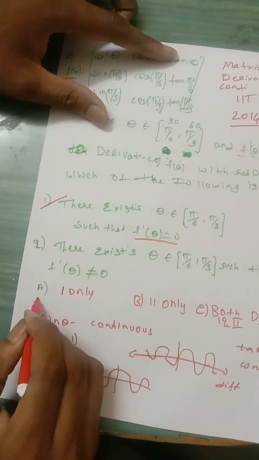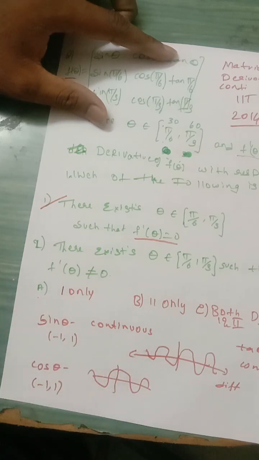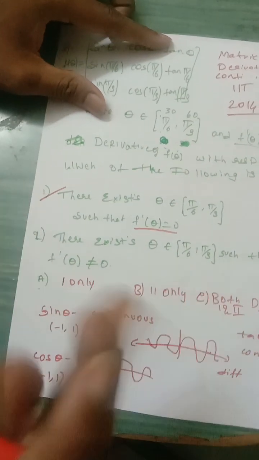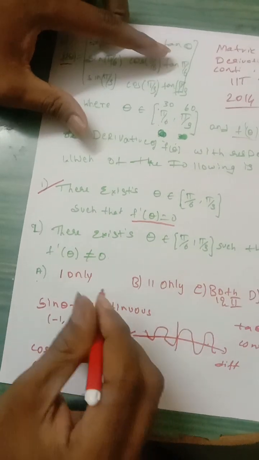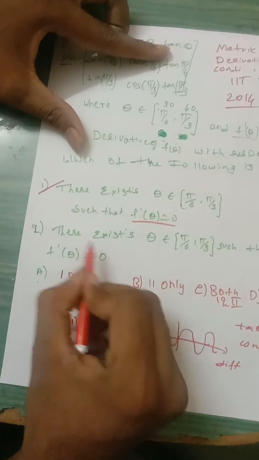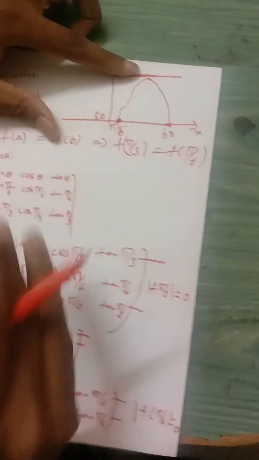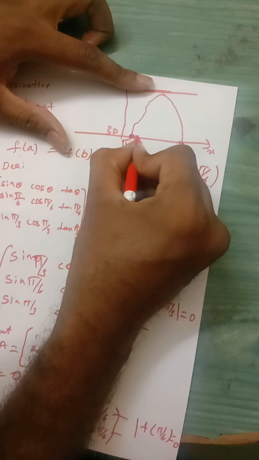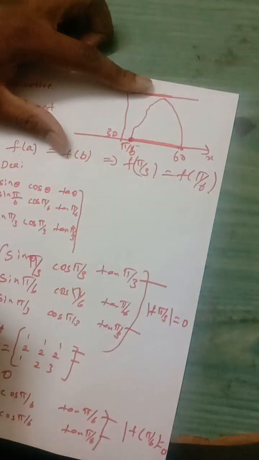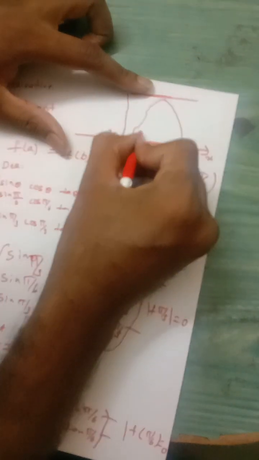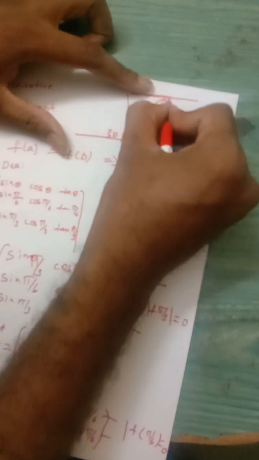So you can put A as an option, but this is a great question, because there also exists a point where f'(θ) is not equal to 0. The function is not completely flat at 0. It will definitely go up and come back.